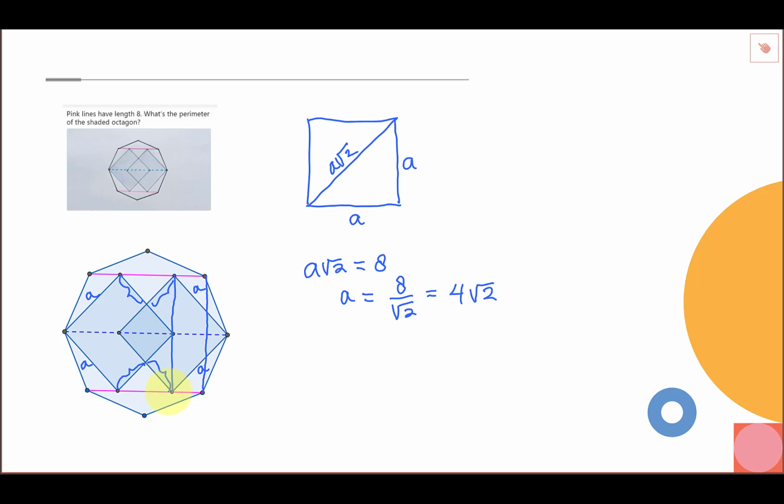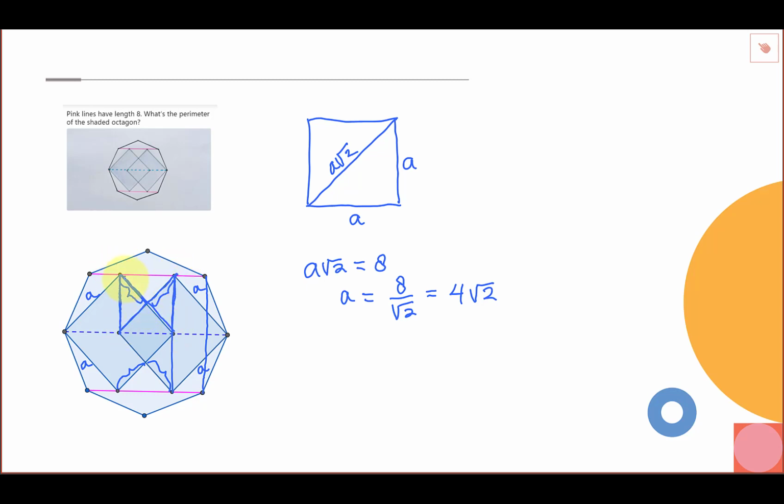Okay, so we argue that this line segment is exactly half of A. Why is that? How do we know it is exactly half of A? Because this one and that one are exactly of the same length. So if we connect the two, they will coincide at the middle.